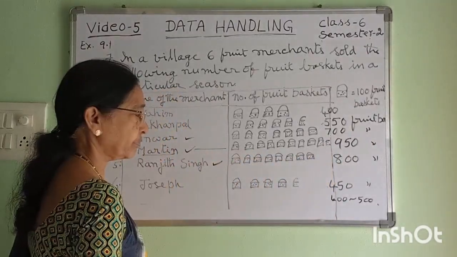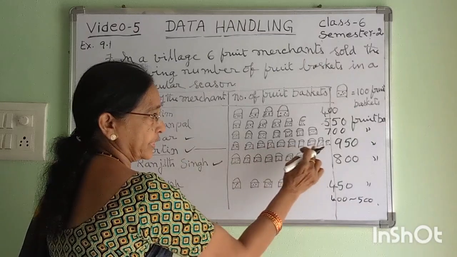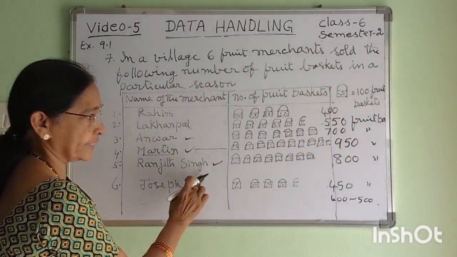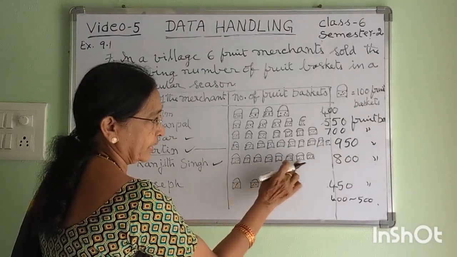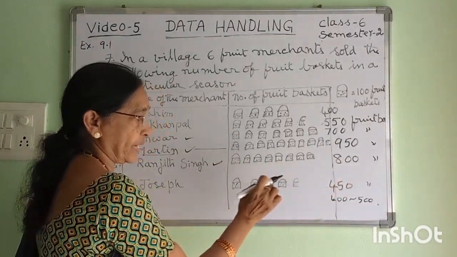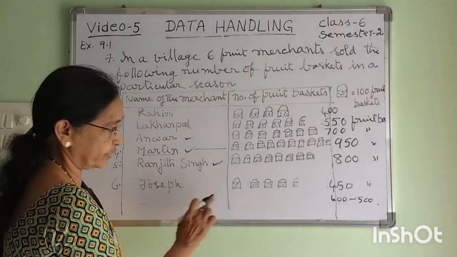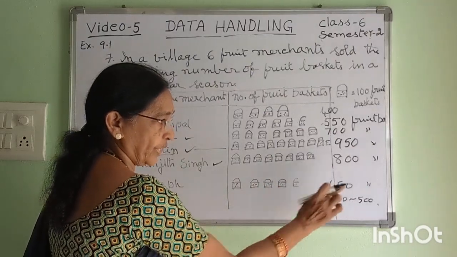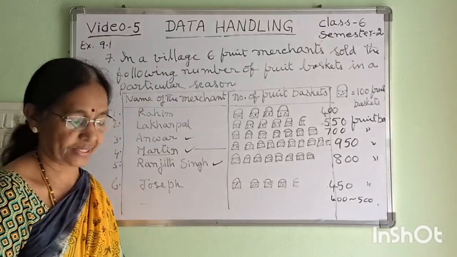Therefore Martin sold 950 fruit baskets. Next, Ranjit Singh sold 800 fruit baskets. Next, Joseph sold 400 and a fraction, so 450 fruit baskets.